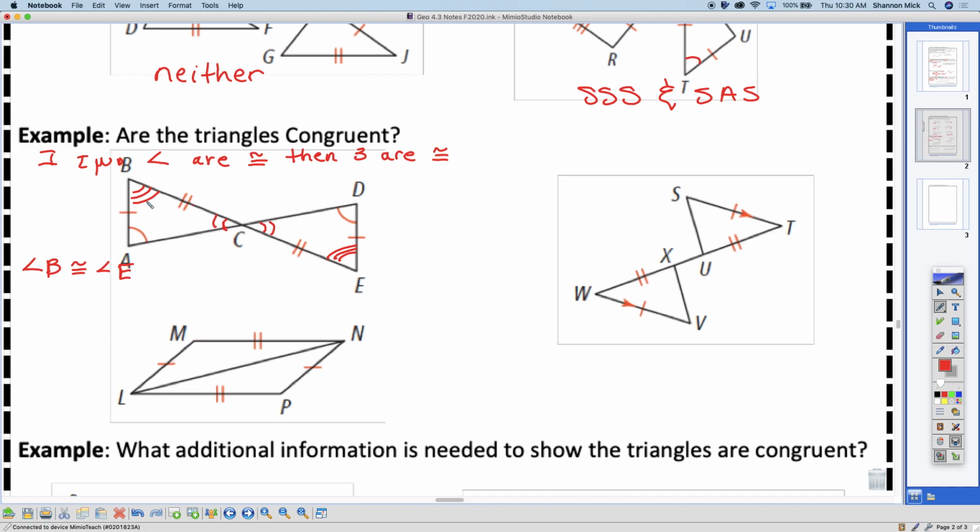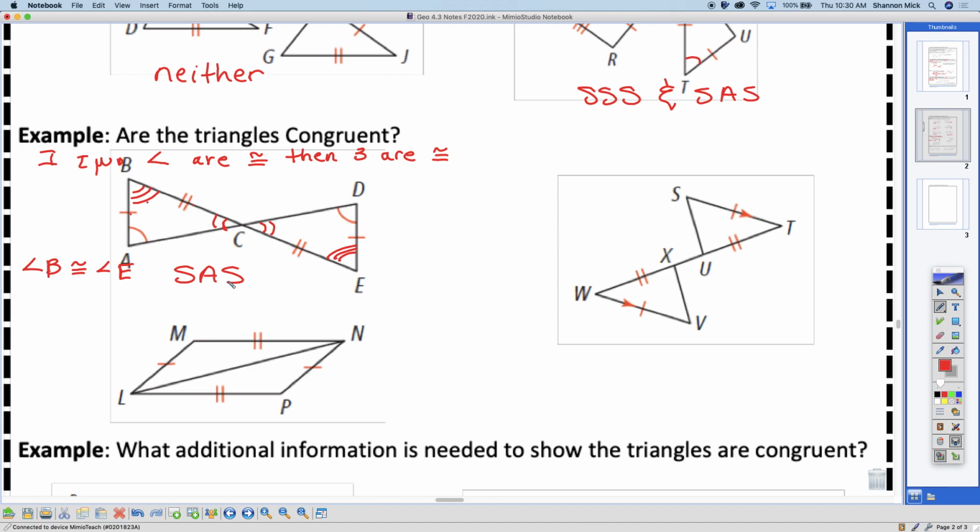Side, angle, side. It looked at first off like it wasn't, but knowing our other rules, is it? Yes.